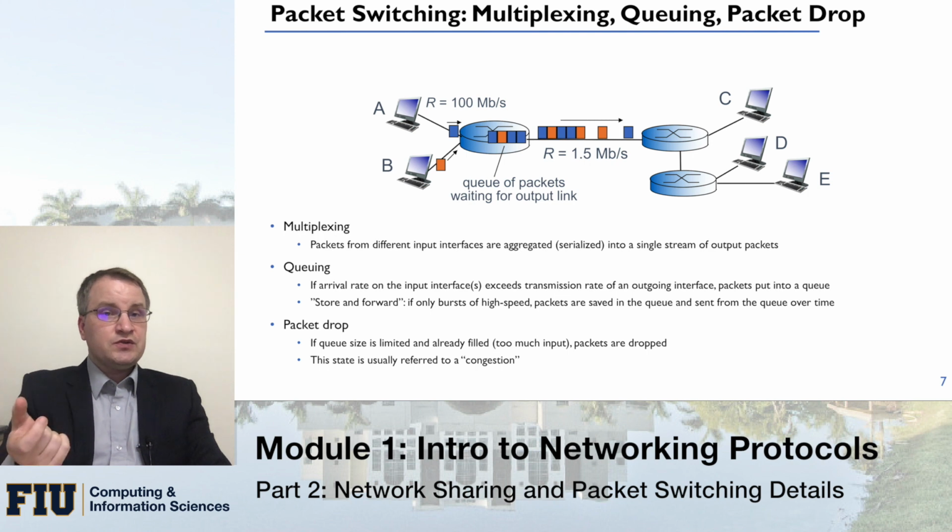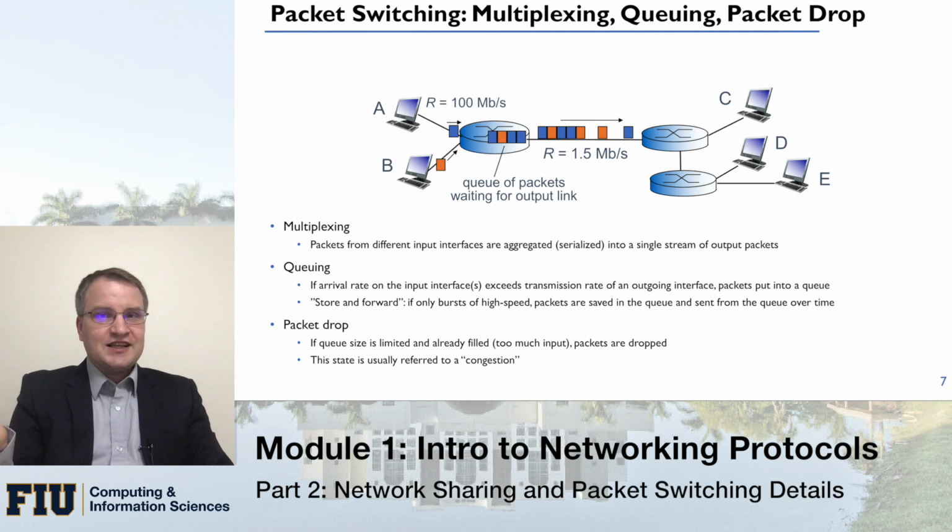What we're trying to do is receive all the packets we can and schedule them for transmission to the outgoing link. As you can see in the illustration, we receive packets from node A and from node B, and put them into a so-called queue. For the outgoing interface, we just send as many packets as the link can process.